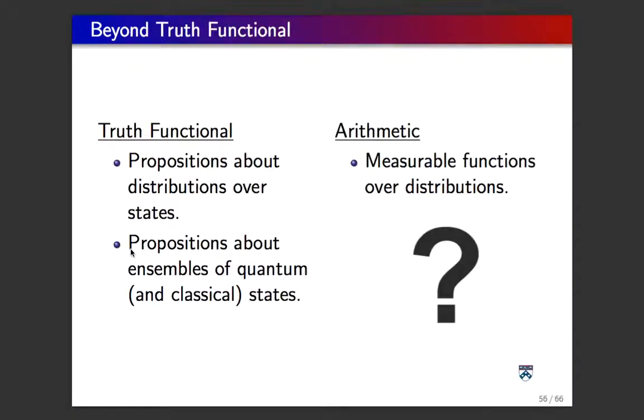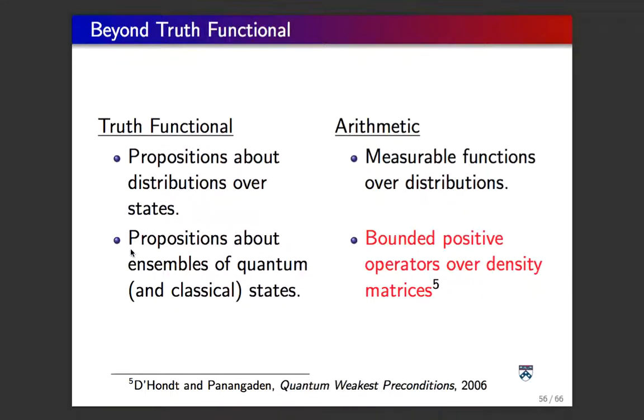But what goes over here? How do we extend this into being able to reason in an arithmetic way about quantum states? The answer, provided by d'Hondt and Panangaden in 2006, is bounded positive operators over density matrices.